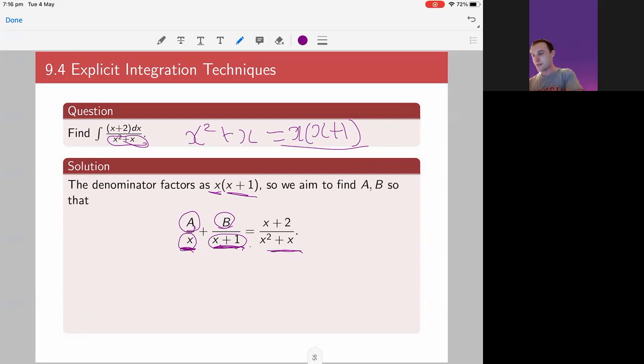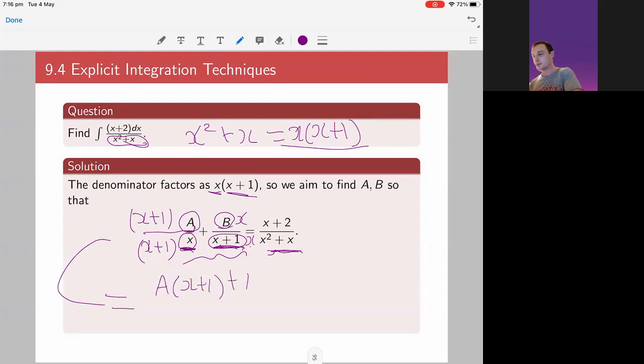Well, the way to do that is by combining these two fractions so they look like this one. So the way you do that is multiply top and bottom by x plus 1 on this fraction, and you multiply top and bottom of this fraction by x. Because when you do that, this becomes a of x plus 1 plus bx divided by x plus 1 times x.